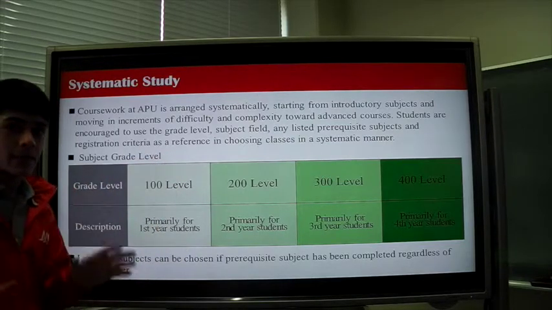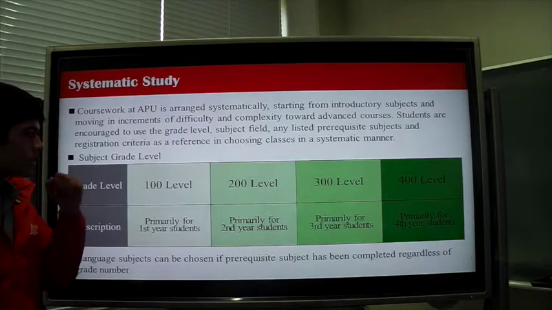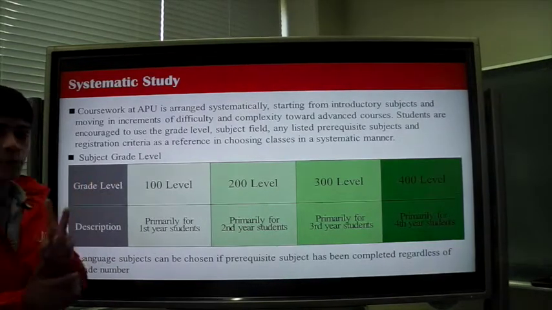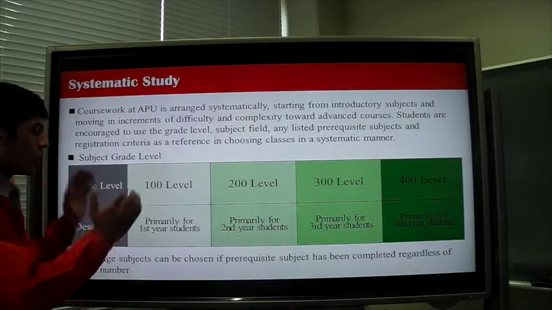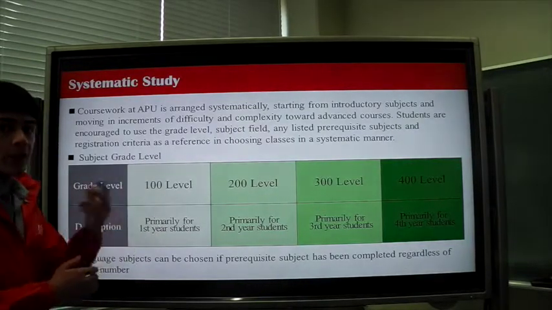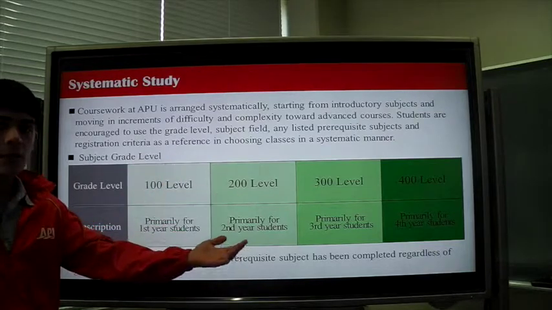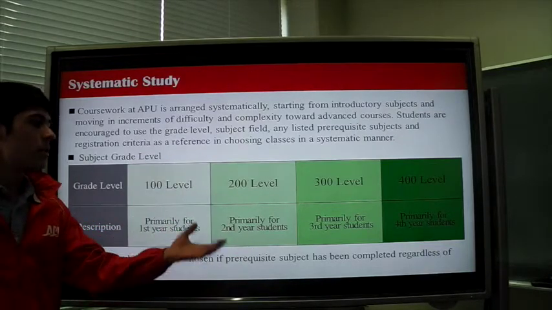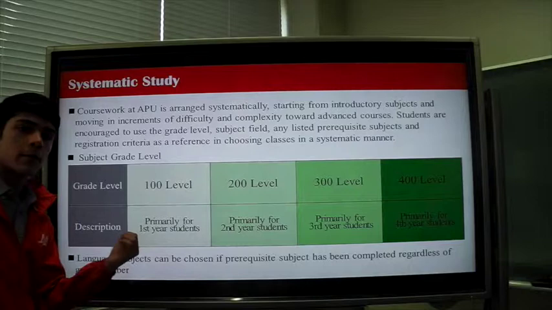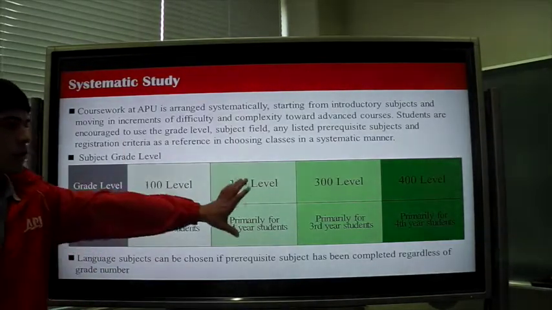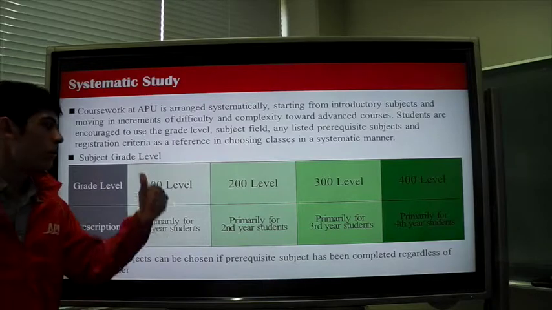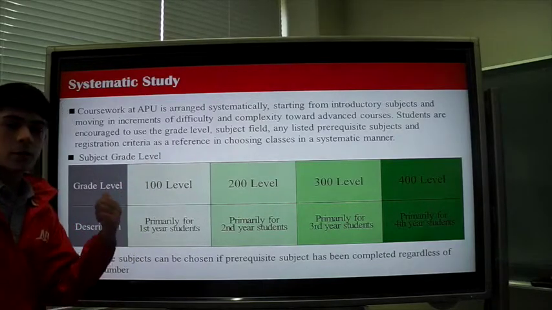So it's really simple. However, there are 2 points to remember. First, as first year students, you can take only 100 level subjects. However, your seniors, the upper level students, can take subjects on the levels below them. For example, third year students can take first year subjects also.